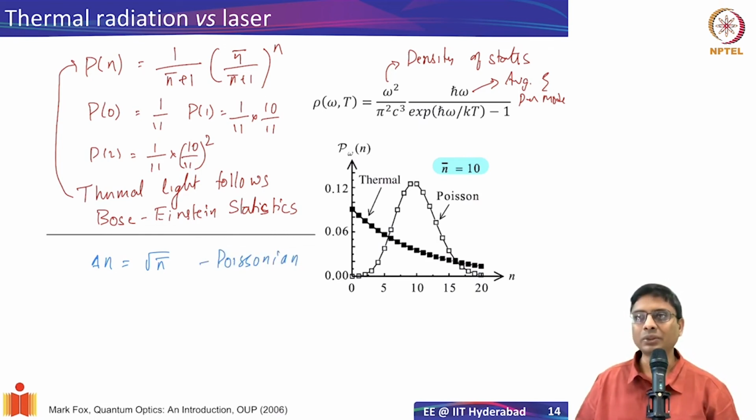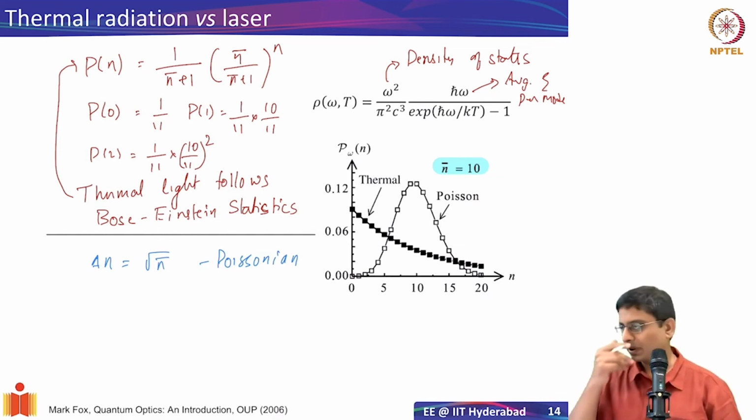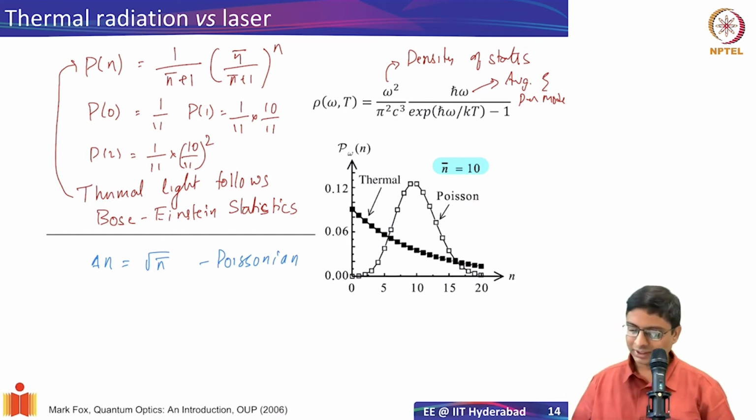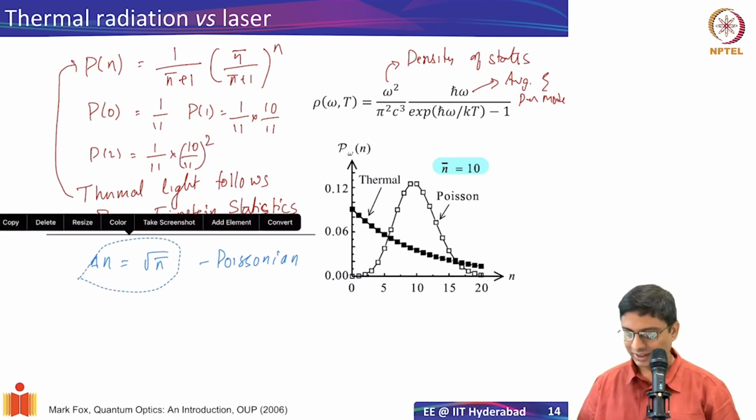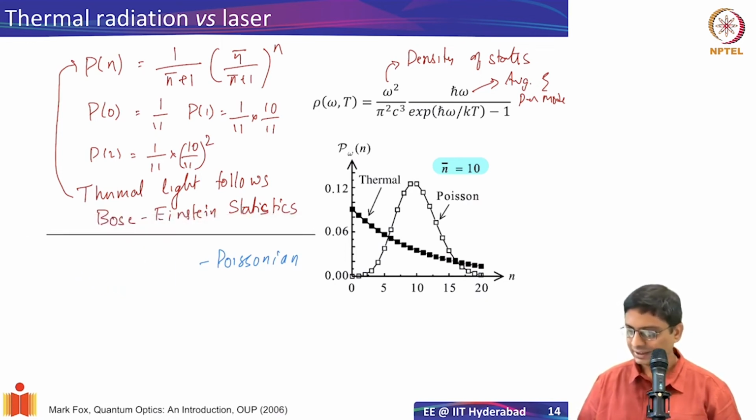Immediately we see that for a thermal light source, delta n is larger. Instead of writing the standard deviation, I'll write the variance. Variance is simply standard deviation squared. So that is going to be n bar for Poissonian statistics.